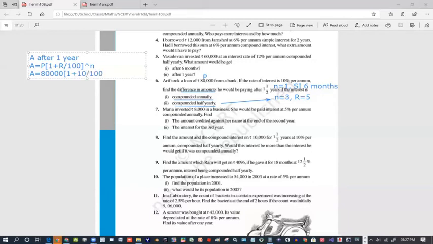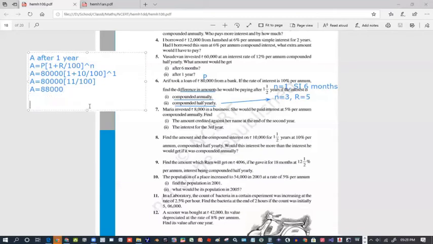The time period is 1.5, so compounded annually, the second compounding didn't happen. It's clear, only 1. So A is equal to 80,000 times 11/10. That's it. So the amount will be 88,000.